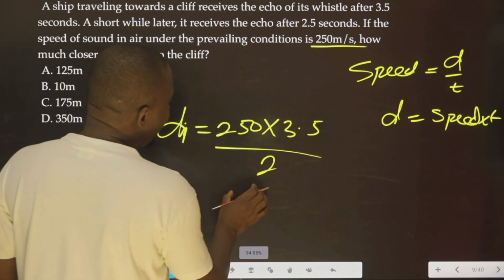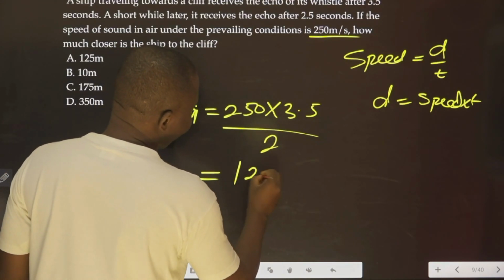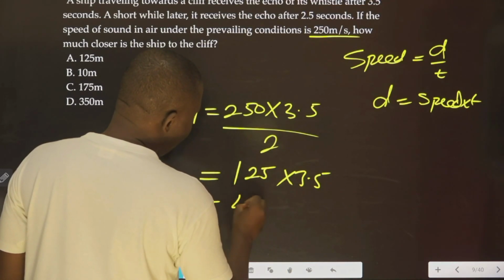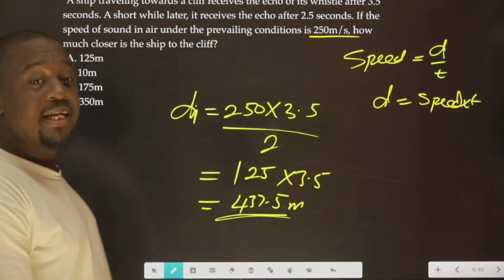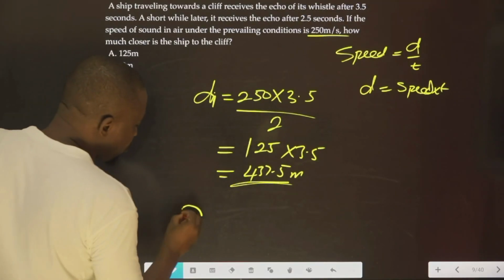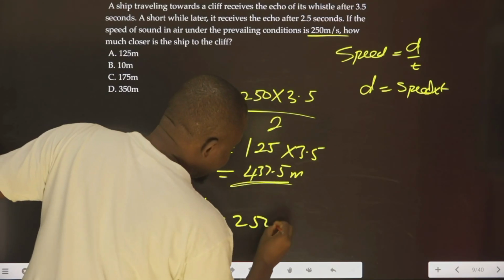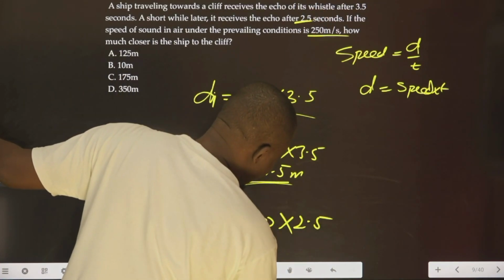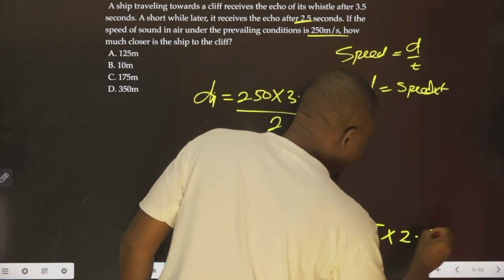So if you solve this now, you agree with me that you are going to have 125 multiplied by 3.5. And if you solve this, you're going to have 437.5 in meters. Another one is like this. You go for this 250 multiplied by the second one, that is 2.5, over 2. That is 125 times 2.5. Okay?